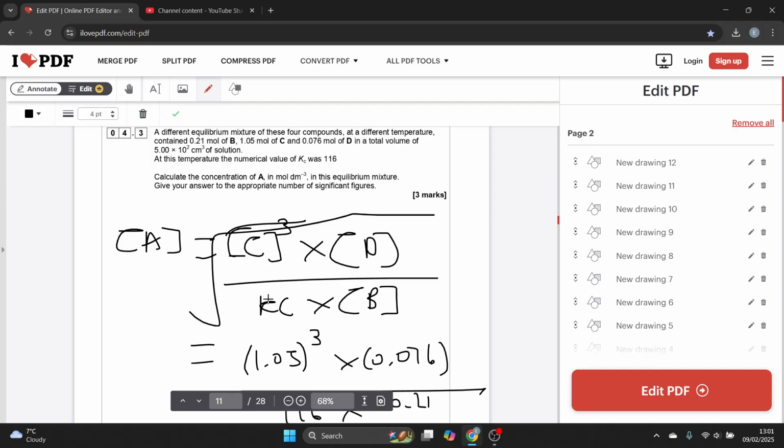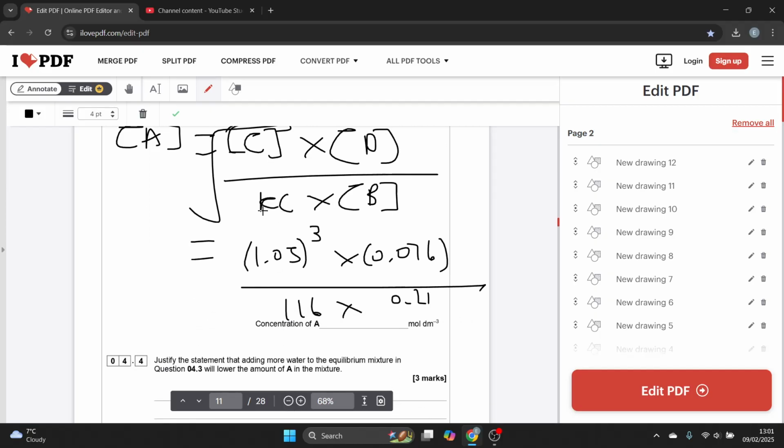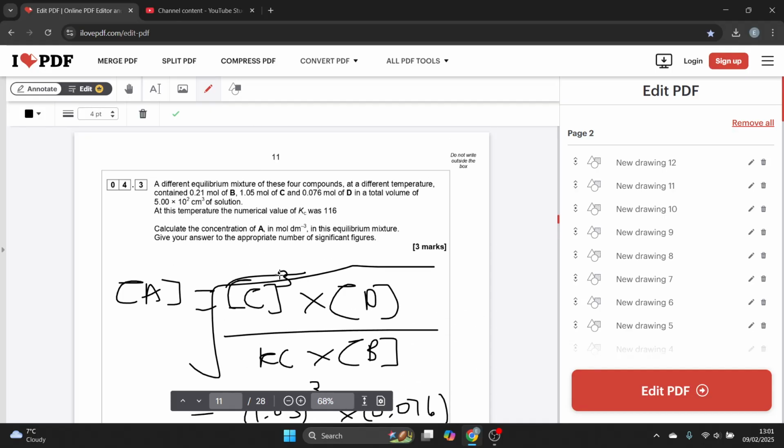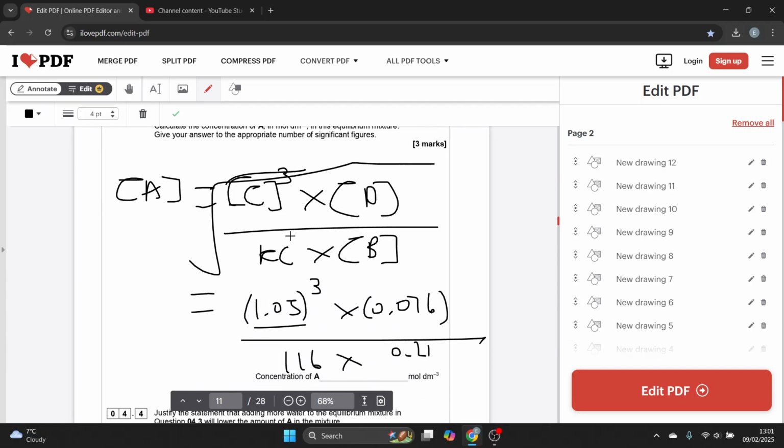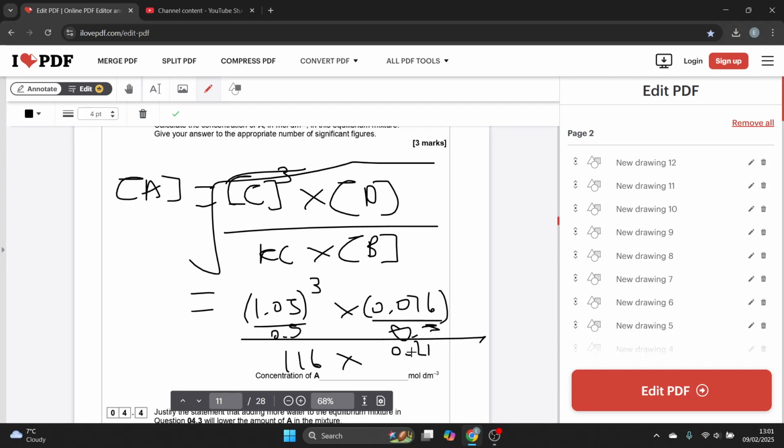Actually the volumes won't cancel out because I've got Kc here. So I actually do have to include the volumes. 5.0 times 10 to the power 2. Well, then I want it in moles per dm^-3, so that's going to be 0.5. Oh, that is really sneaky. And I fell for it.